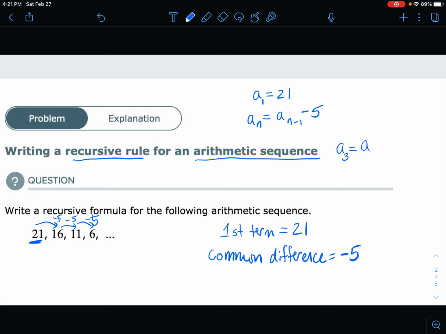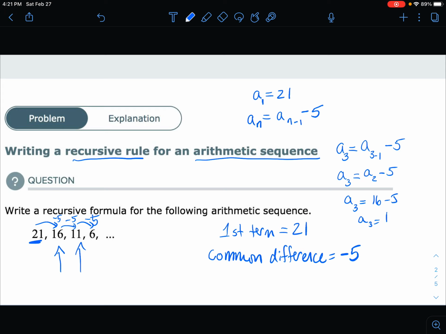This says, okay, find a sub 3 minus 1 and subtract 5. Okay, let's see if this works. A sub 3 is the value of the second term, take away 5. What's the second term? It's this guy, 16. 16 take away 5 is 11, and that's our third term.